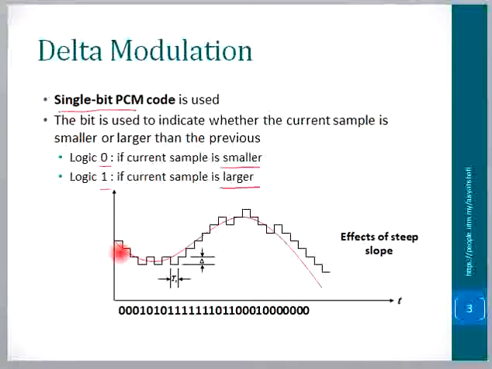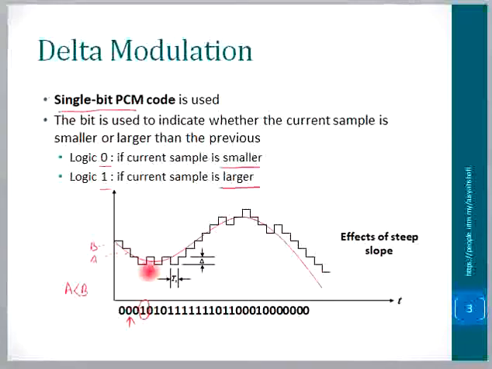Here you have A and B, and the A value is smaller than B, so the logic is 0. This one is 1 because it increases.